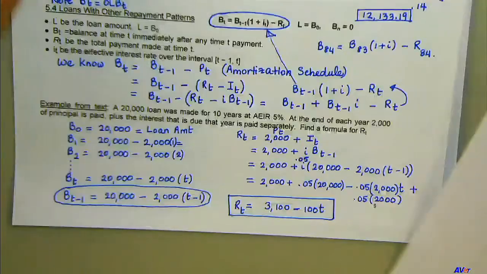So, continuing this problem, I'm going to create an amortization schedule. Let's call this page, what page is this? The previous page was page 9, so let's call this 9B.